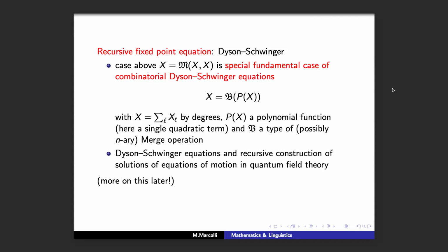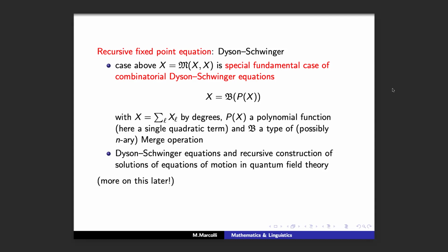You have some kind of polynomial functions of this x, which in our case is just this quadratic function here. And you have a grafting operation that takes these monomials and grafts them together to a single object. And so this is the first parallel of structure between this generation of syntactic objects and this type of generative process that one sees in theoretical physics.